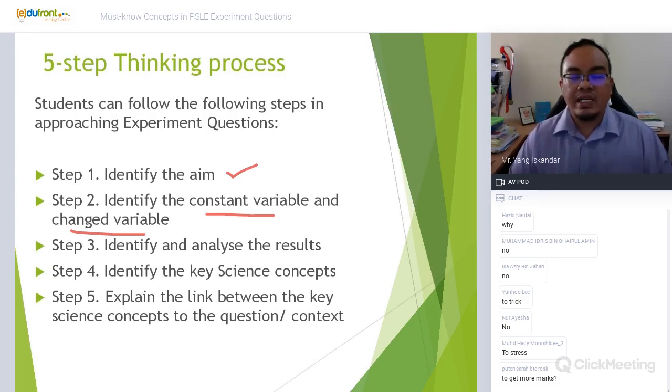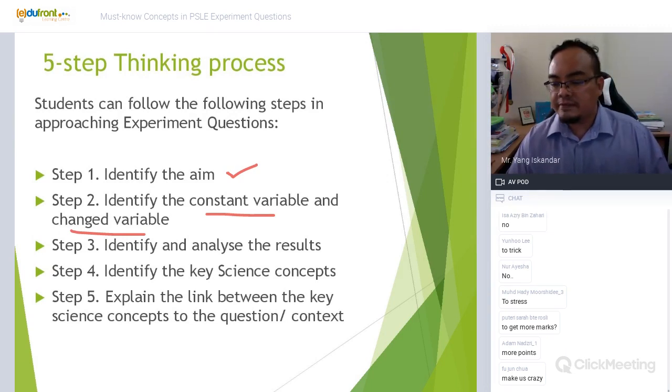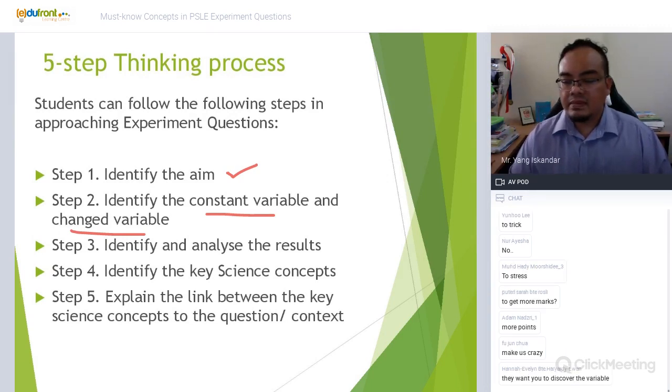What type of question will follow on from having more than one change variable? If you have more than one change variable, what kind of question will they ask you?